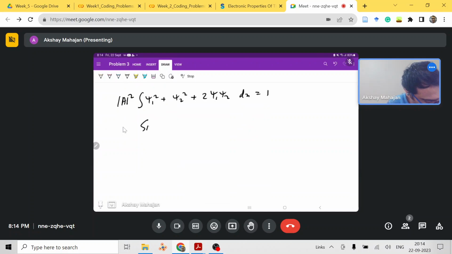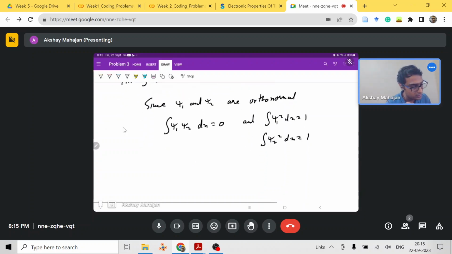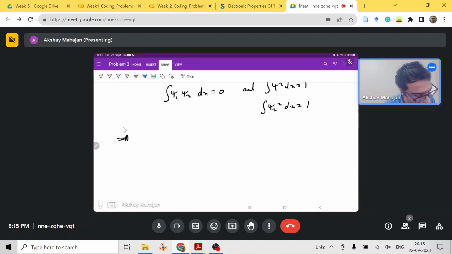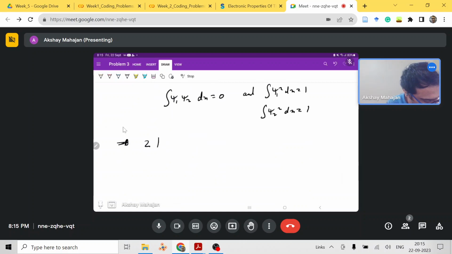Now since psi 1 and psi 2 are orthonormal, the integration of psi 1 psi 2 dx will be equal to 0, the integration of psi 1 squared dx will be 1, and the integration of psi 2 squared dx is 1. I am not writing psi 2 of x because it is already implied.